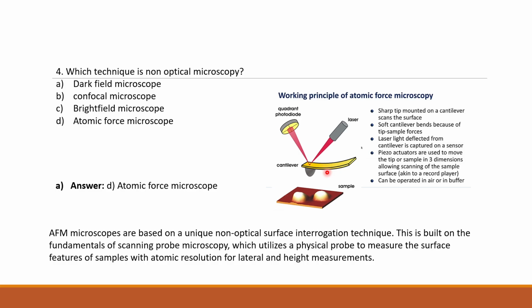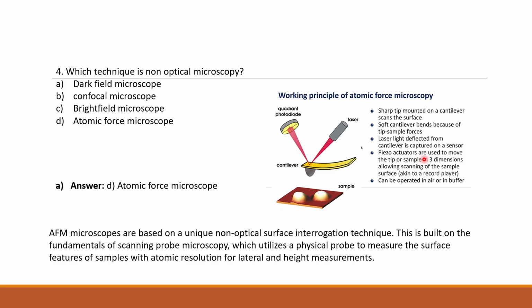So if your tip is bending like this, your cantilever also will move. Based on this movement, there will be a change in your deflected laser. The laser light deflected from your cantilever is captured on a sensor, that is your photodiode. It's a sensor, it collects the light.